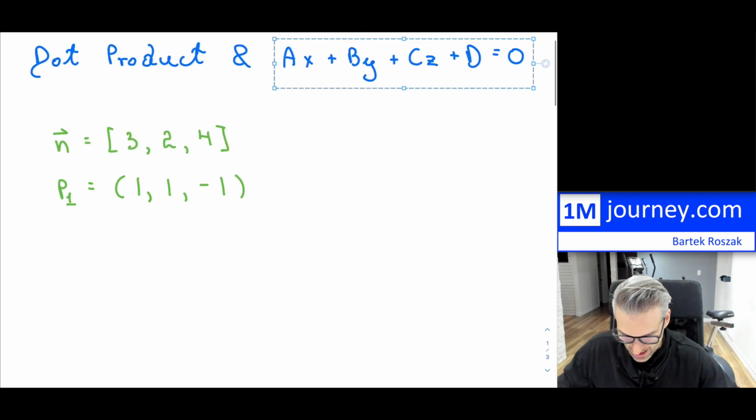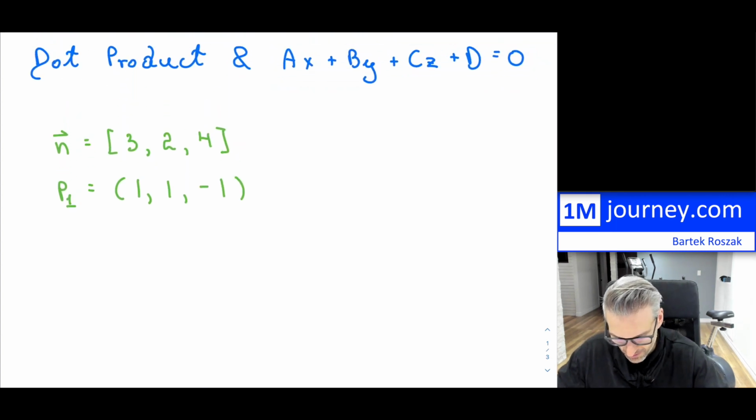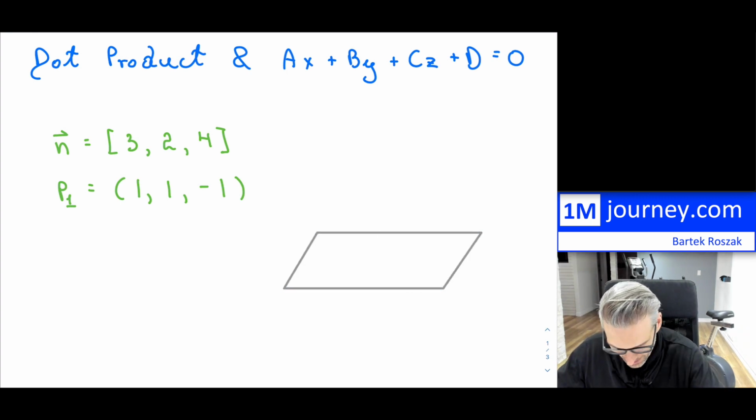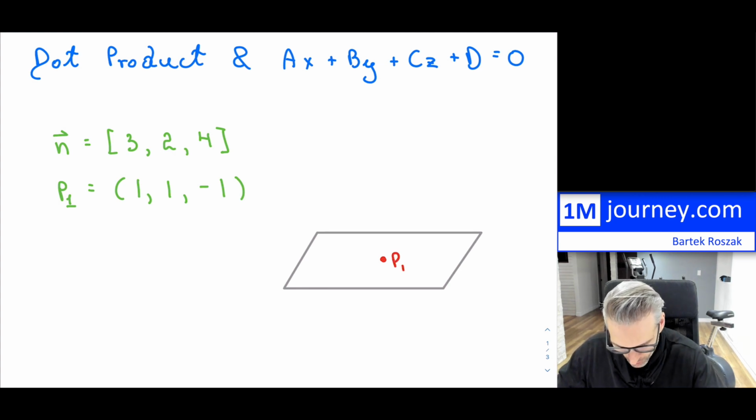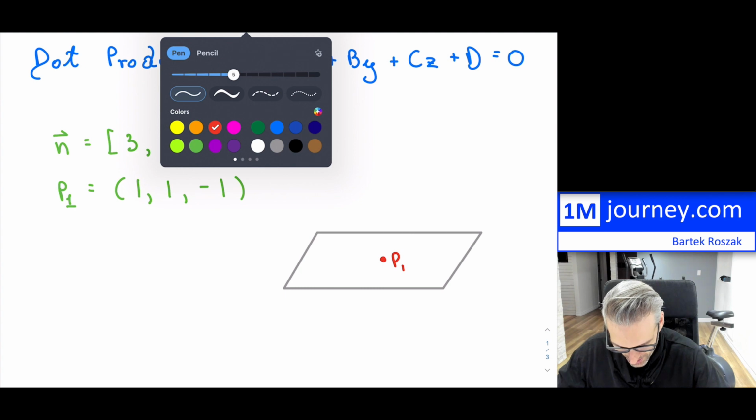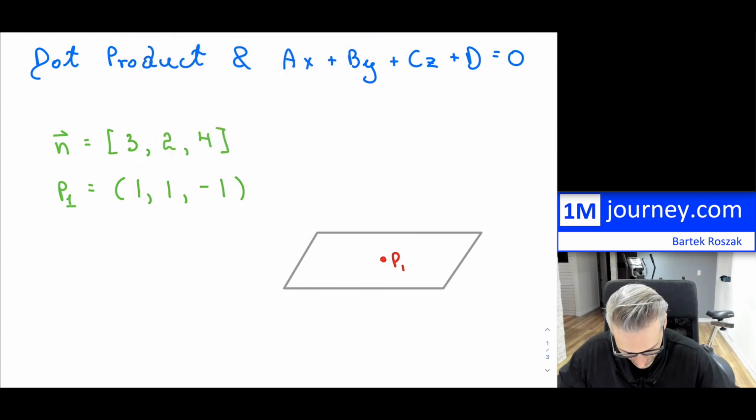So in the first example, you can imagine that we have some kind of plane. On this plane, we can assume that we have that point P1. I don't know exactly what that plane looks like, but let's assume that we have a point P1 right there. We have a normal, and again, this is not going to be the exact normal, but in any case, I'm going to draw it.